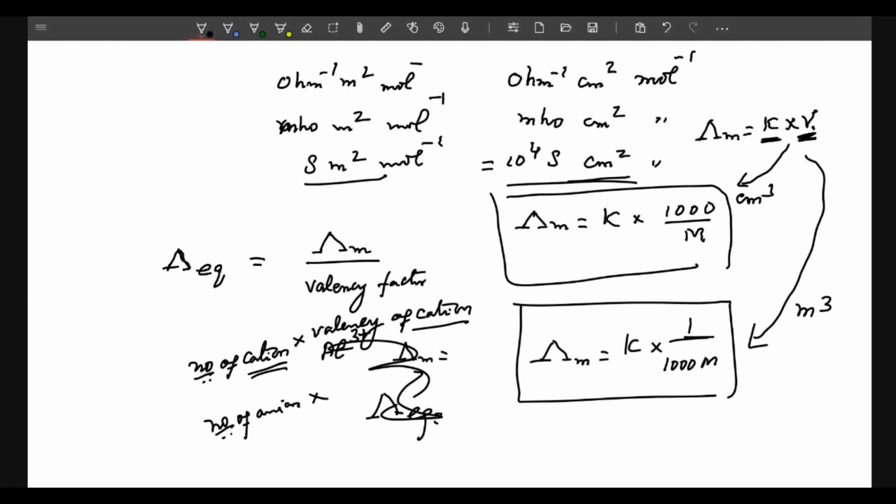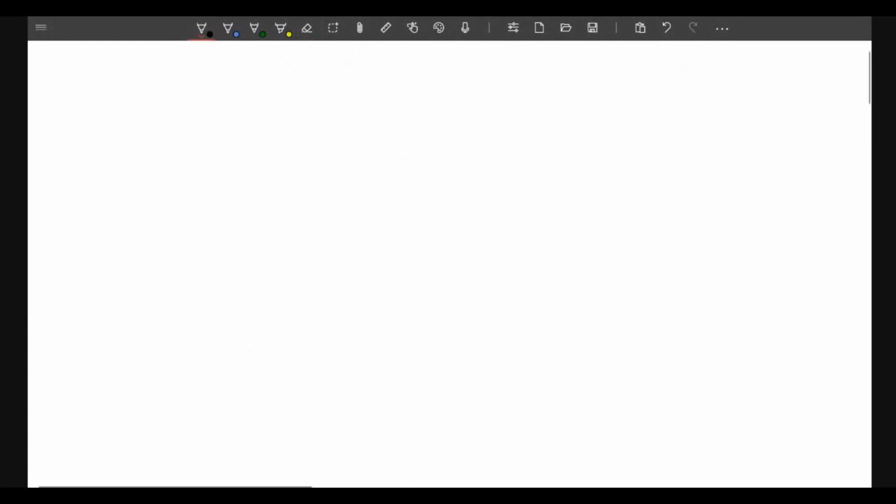Next, we will see the experimental part of the measurement of this conductance: three types of conductance, specific, equivalent, and molar conductance, and how they are all determined. After seeing this, in tomorrow's class we are going to work out some problems using specific, equivalent, and molar conductance, and how to determine the lambda m infinite, the limiting conductivity.